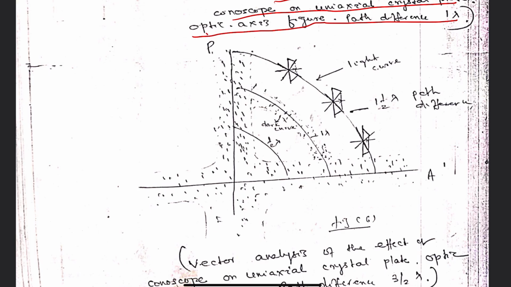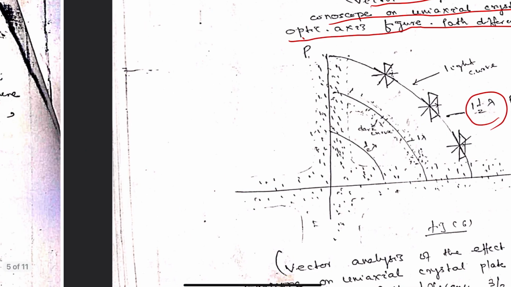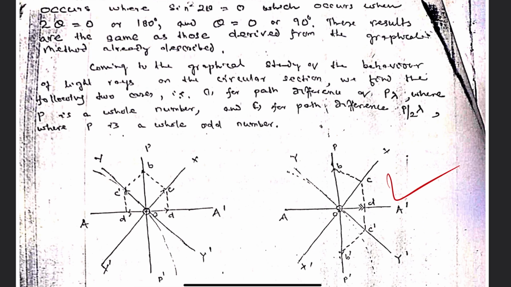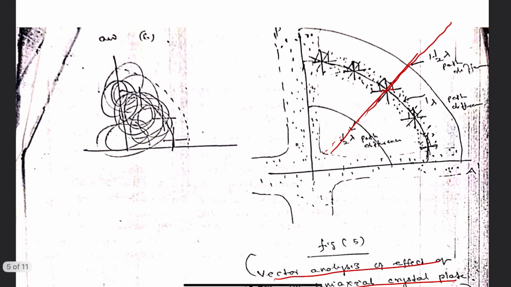So this is for 1.5 lambda path difference. Here the figure 4 case is being repeated all through, and the maximum brightness line will be here, and the brightness gradually goes down and here it is 0, here it is 0.